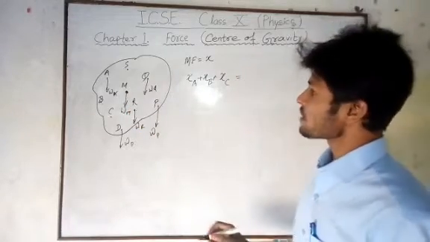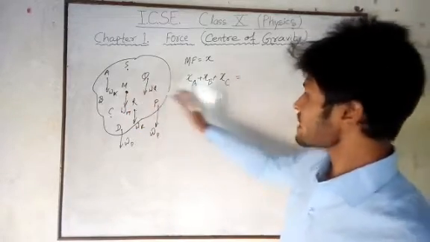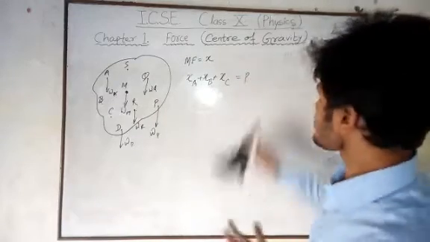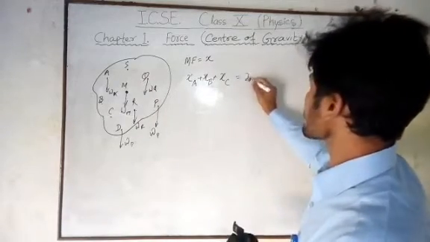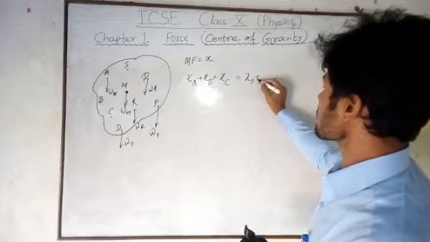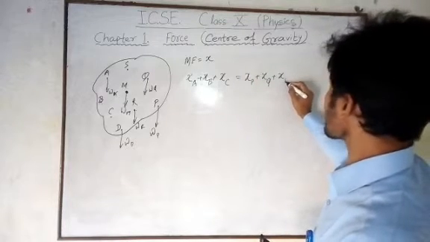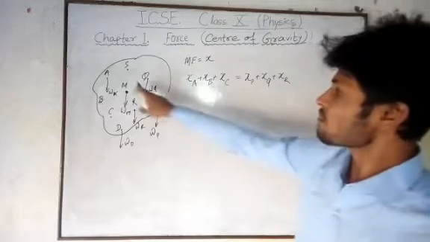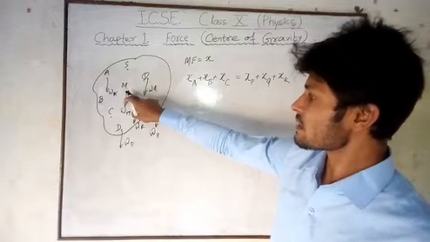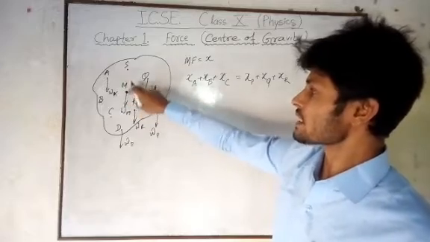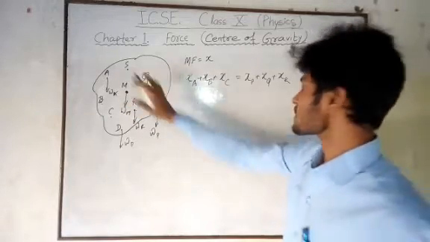Now the clockwise moments are, since P and Q are on the right side, XP, the moment of force at the point P, plus the moment of force at the point Q, plus the moment of force at the point R. The moment of force at the point S is 0, because it is near the rotational axis, so the distance is 0.